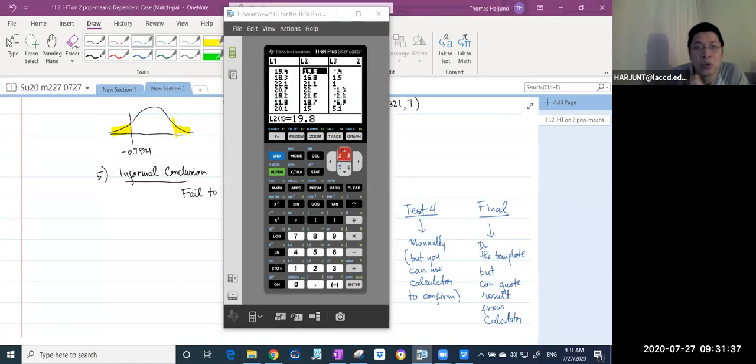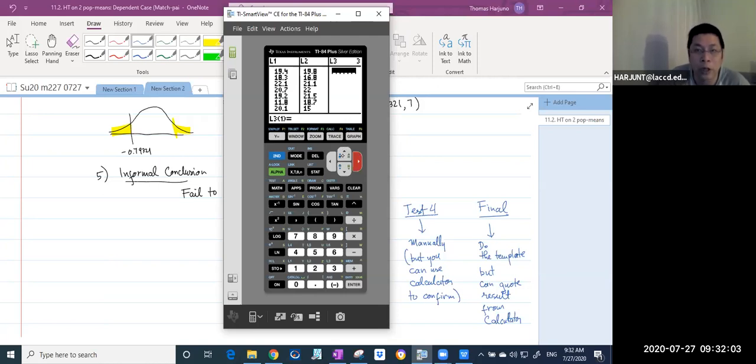So here's the thing. Let me clear list 3 first. So this is what we have, right? Now when you move your cursor to the right, you are in L3(1), the first entry of list 3.